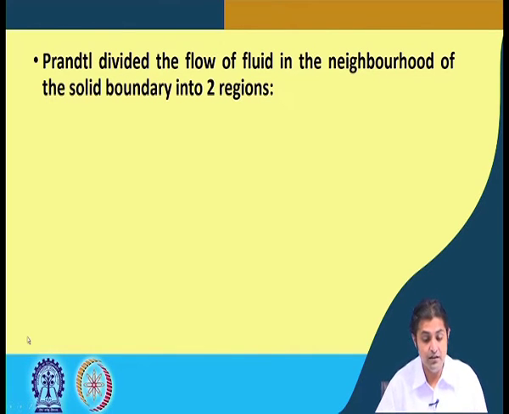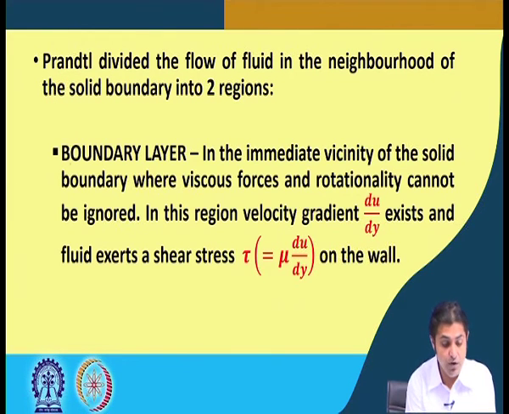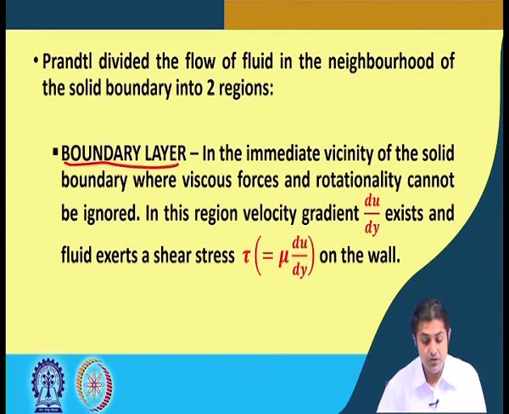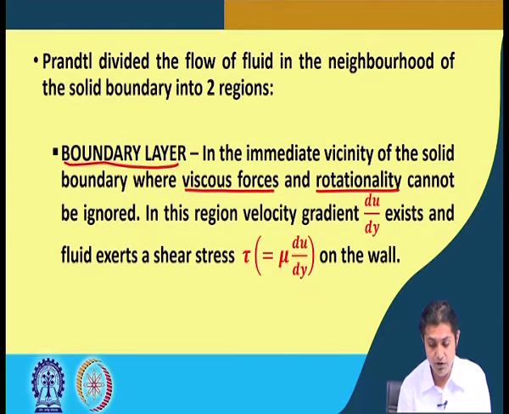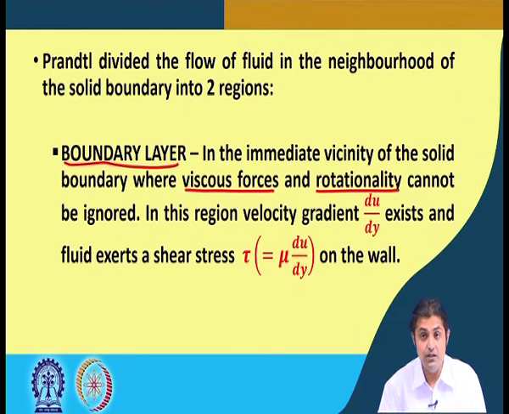Prandtl divided the flow of the fluid in the neighborhood of the solid boundary into two regions to have a more simplified look. One is called the boundary layer. It is in the immediate vicinity of the solid boundary, where the viscous forces and rotationality cannot be ignored. We have seen in the previous lectures that most of the flow in water is considered irrotational.